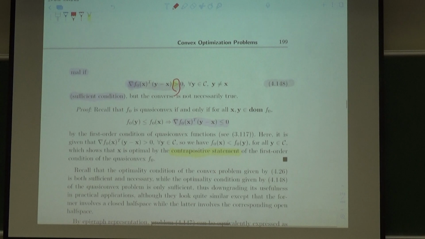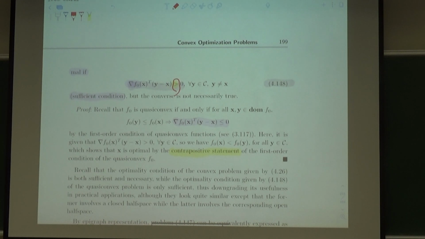So if your optimality criterion is only a sufficient condition, it is hard to use. If you apply it and you can find it, oh, that's fine. If this sufficient condition does not hold, you still can find the optimal solution, but you don't know.